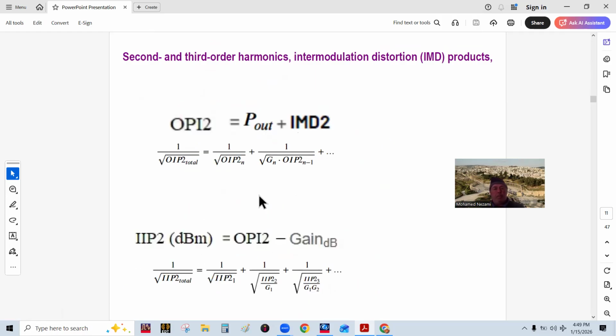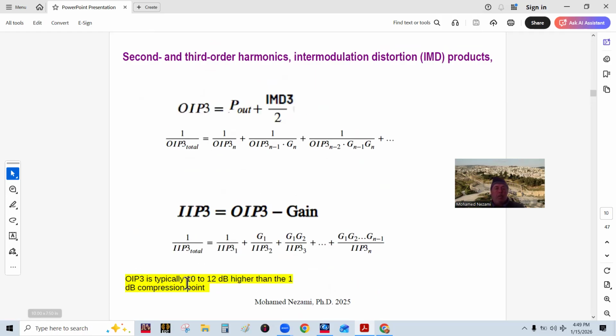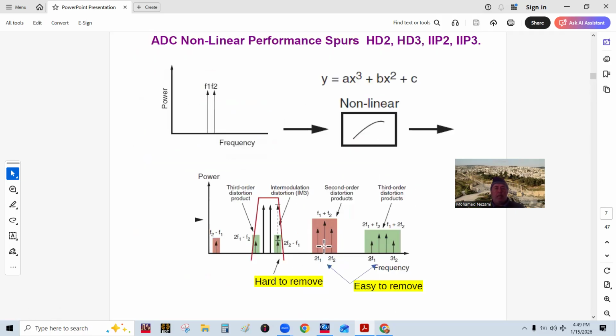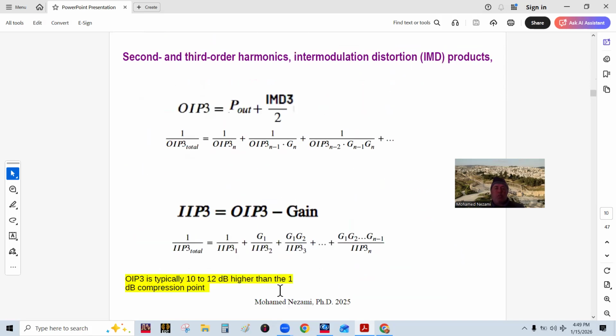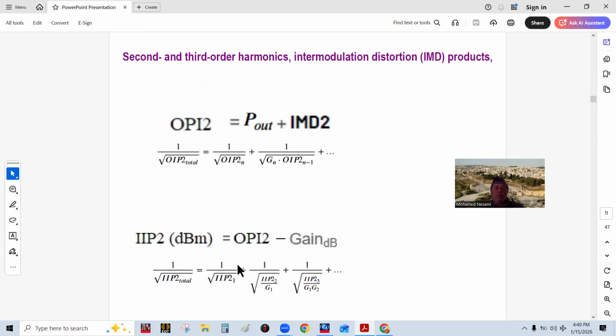This is verified. And mathematically, if you go back and look at the receiver design principles books, from this equation here you can conclude this term in here is true. Now, what about the second order intercept point, the output second intercept point? Same thing. It's really the output plus the second order mod.